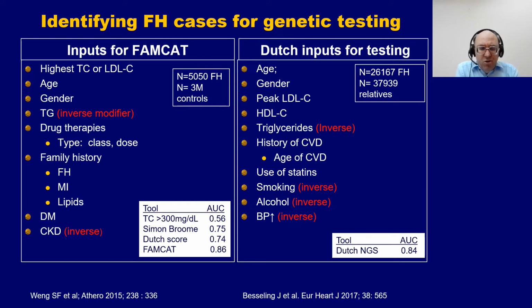And there are various computer-based electronic healthcare screening strategies out there, of which probably the best known is FAMCAT, which was devised in the UK, and that uses a lot of the principles we've already heard of: the highest cholesterol ever, age, gender, a negative modifier for triglycerides, drug therapies as a surrogate to allow you to back calculate, and family histories. There's a similar scoring system derived from the Dutch database, which looks very similar, but actually uses a quite complicated algorithm to calculate a percentage risk.